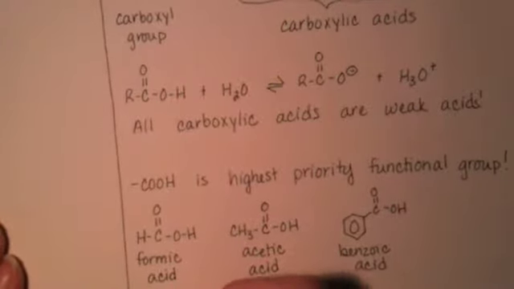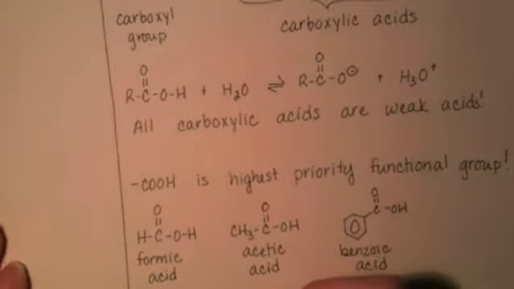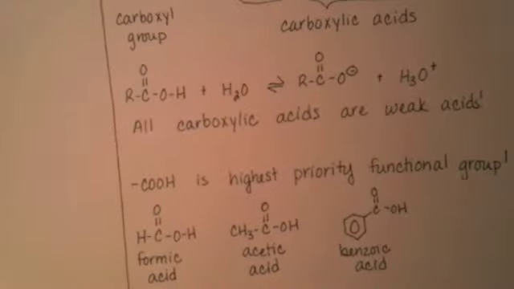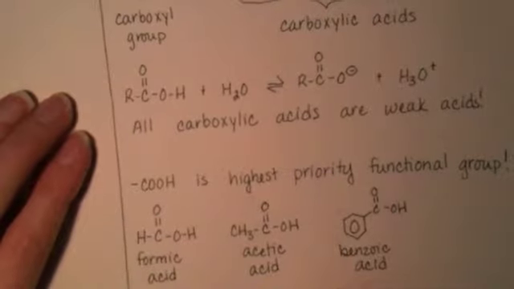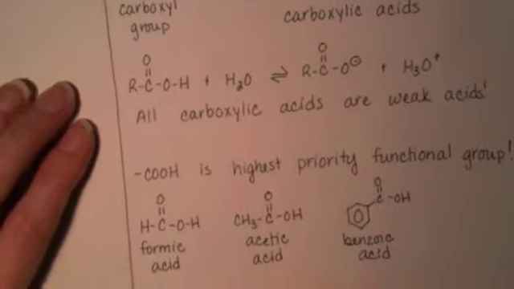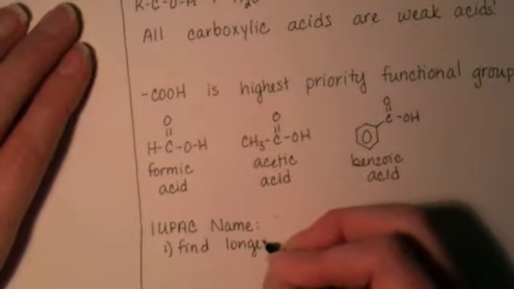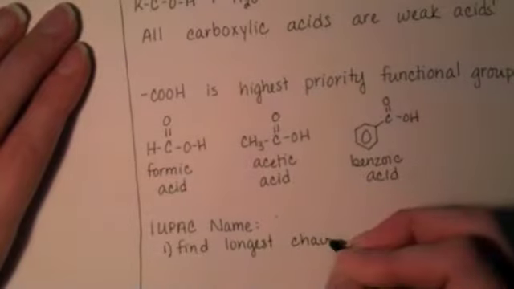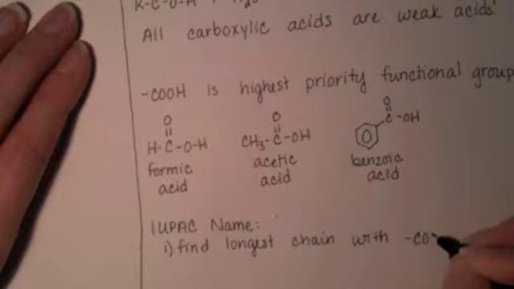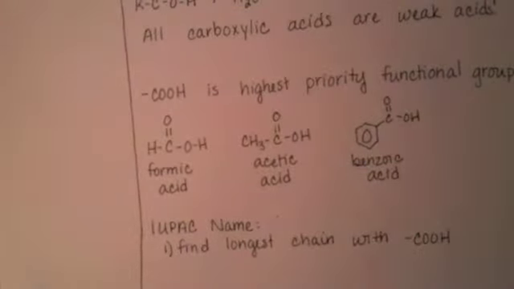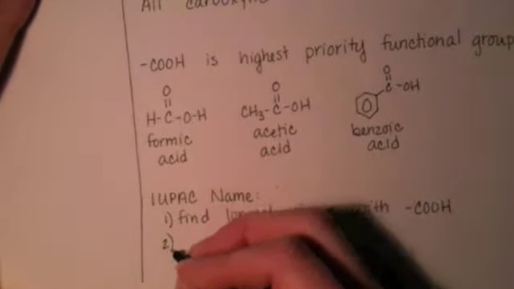In the IUPAC system, as usual, we're going to identify the longest carbon chain that contains the carboxyl group. The carbon of the carboxyl group is always carbon number 1.